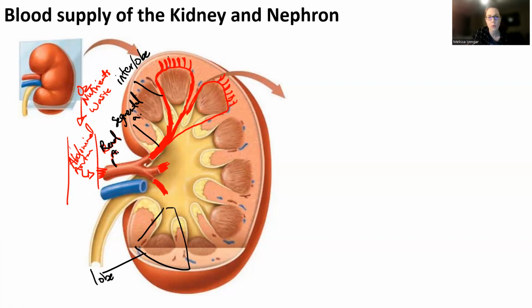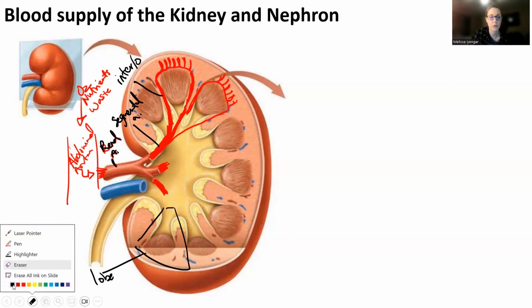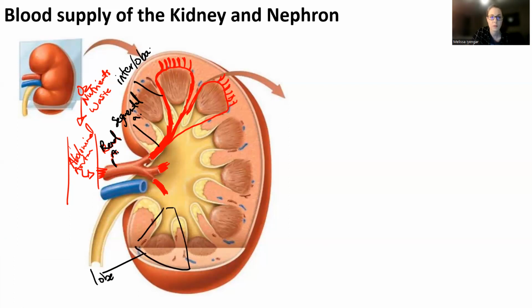So like interlobar, the interlobar arteries go in between the pyramids in the renal columns, excuse me. And then once it arcs over, so like that part plus that part, it becomes the arcuate artery.